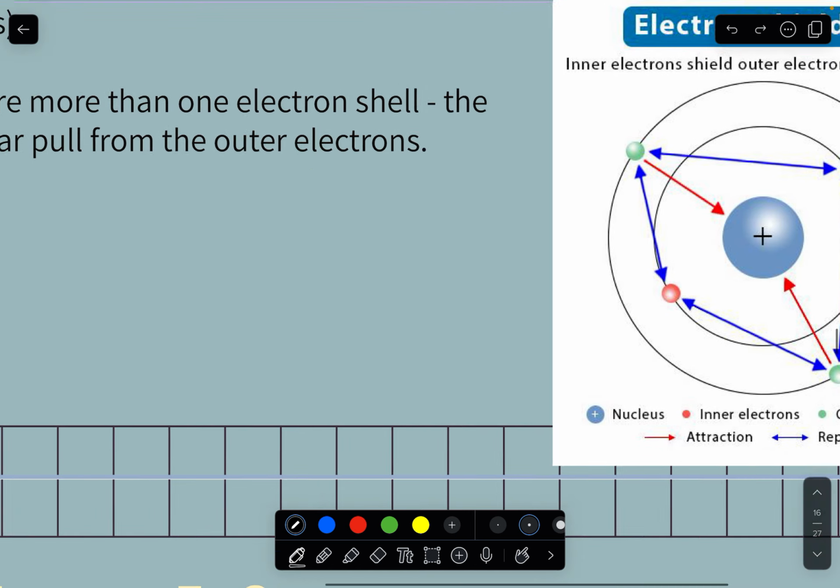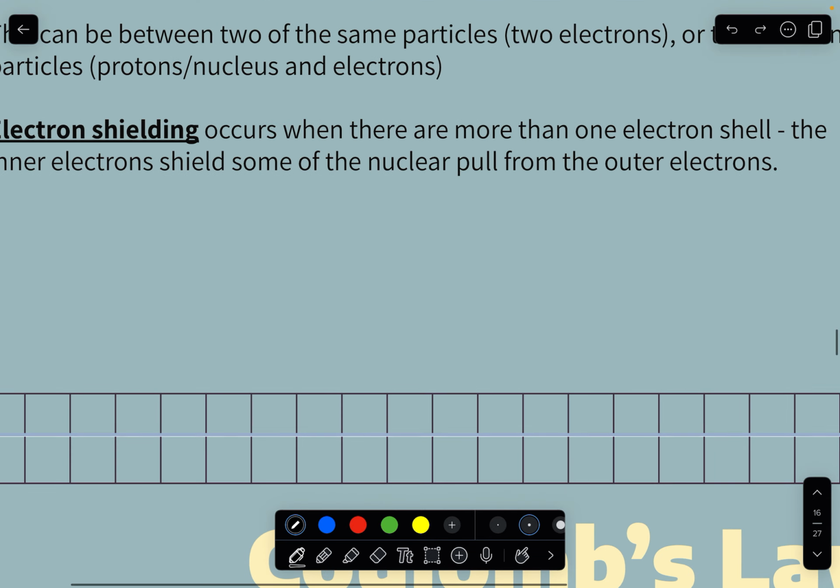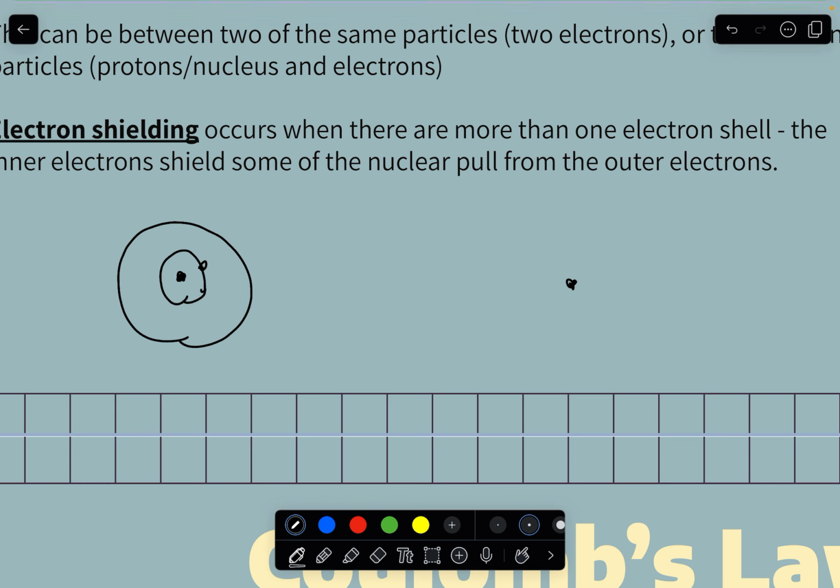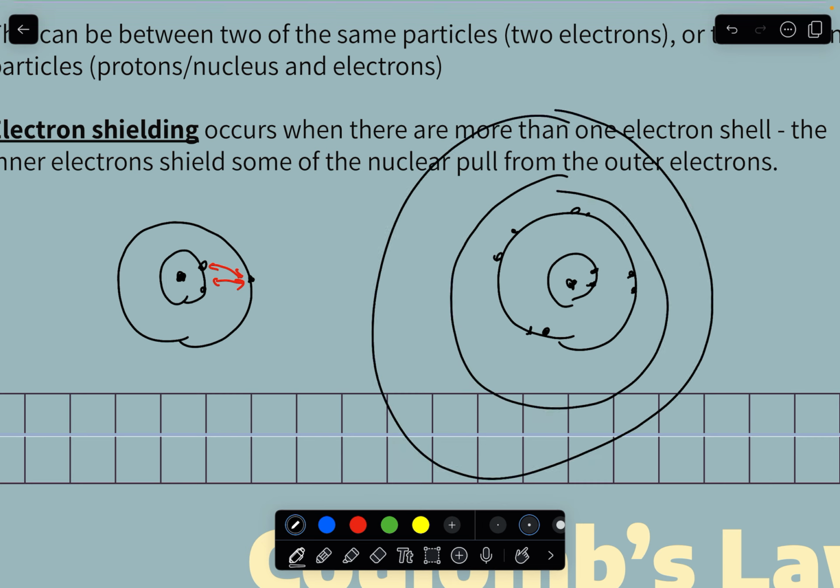Okay, so the more electrons you have, so if we have two nuclei, the first one has two energy levels, right? That's going to have some push because you have two electrons there. Those are both going to push off. If you have another element that's similar, but now instead of only having two energy levels, it has more energy levels.